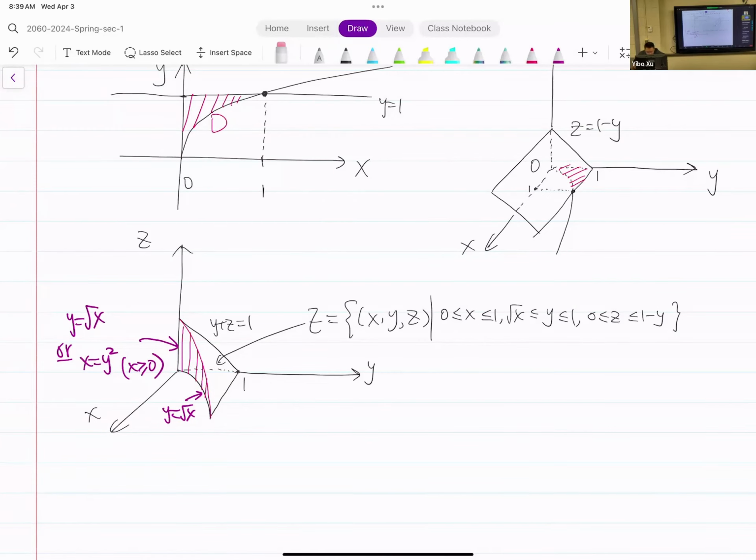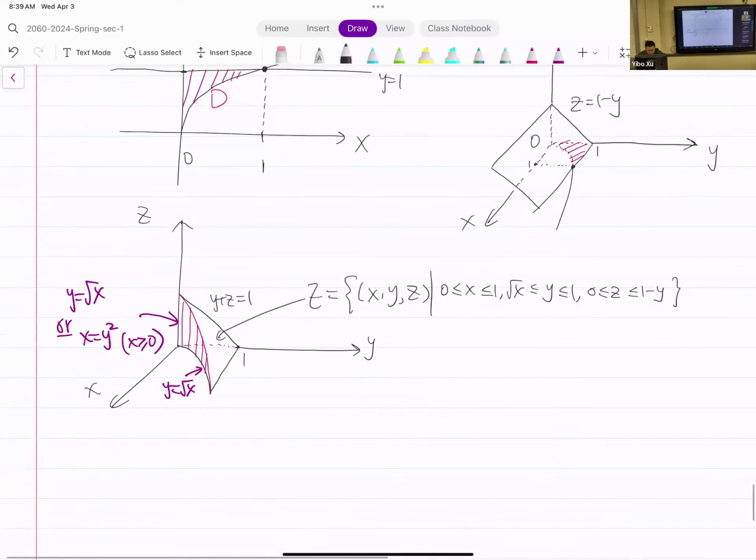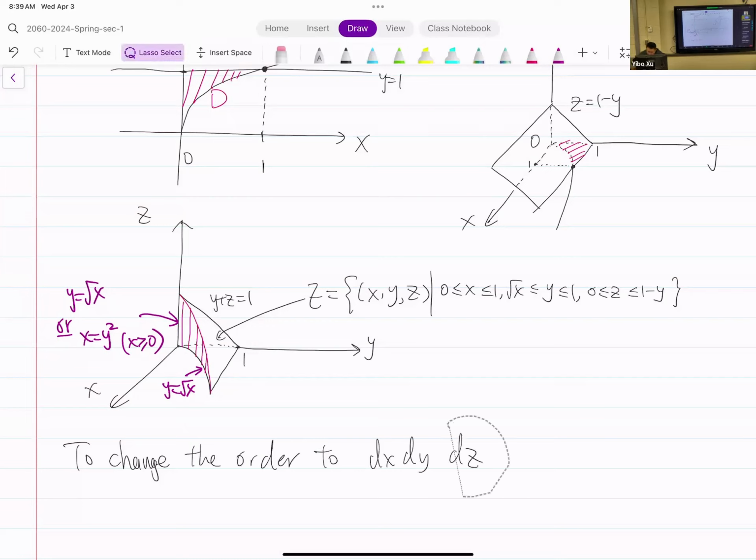All right. So now, if this is good, then let's think back about the question. So we want to interchange the order of the integral into dx, dy, dz, right? To change the order to dx, dy, dz, what do we need? We need to project this solid onto the yz plane. Okay.